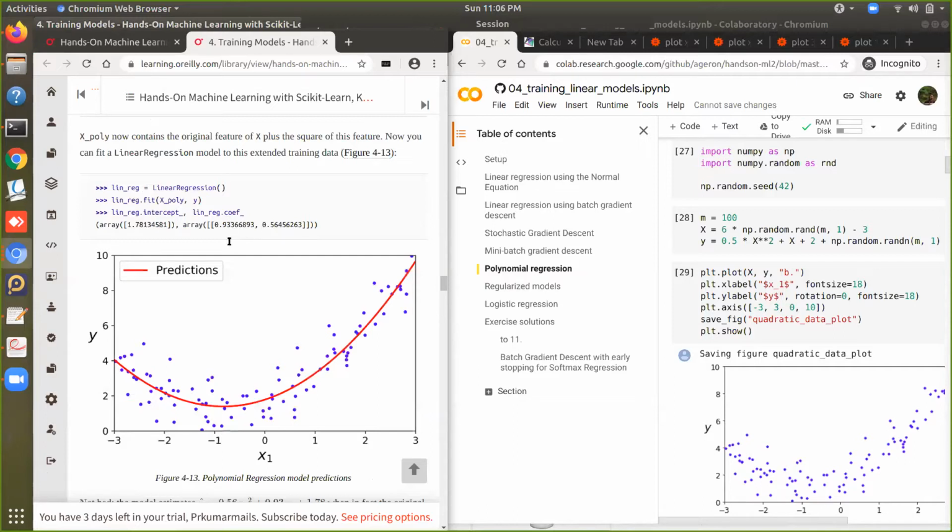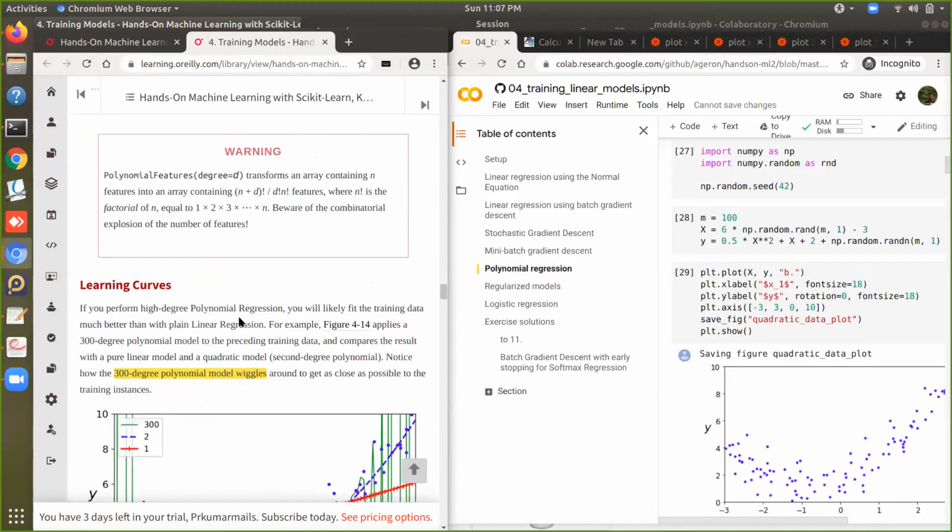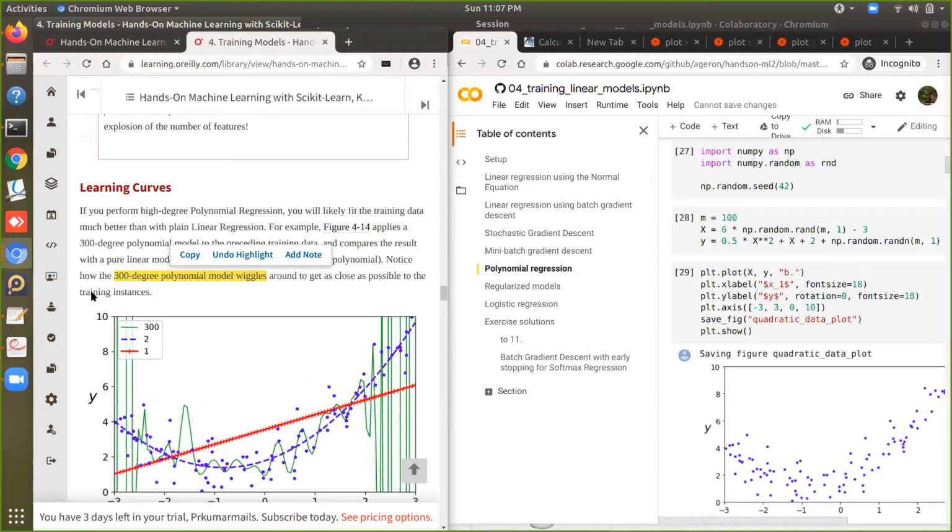If we do polynomial regression, how does it impact the training? That is what we are studying in learning curves. Assume there is only one feature, x1. With degree 1, it is a normal linear regression, a straight line.